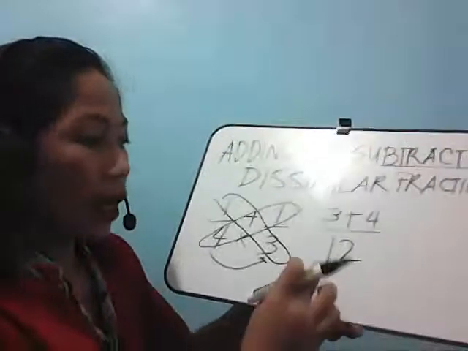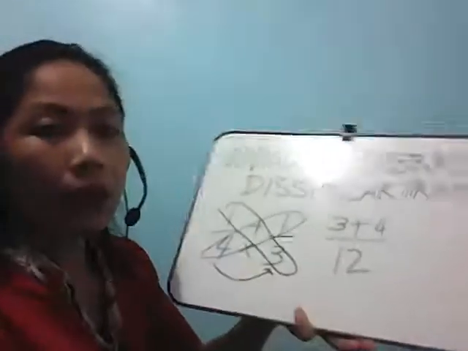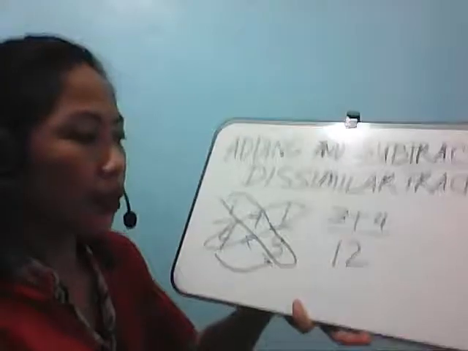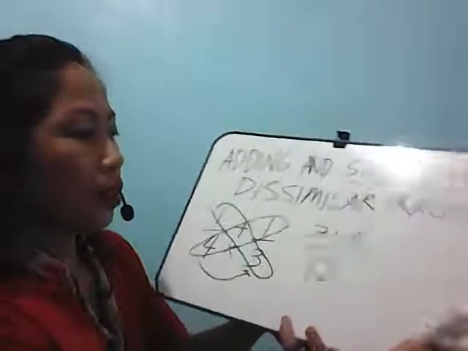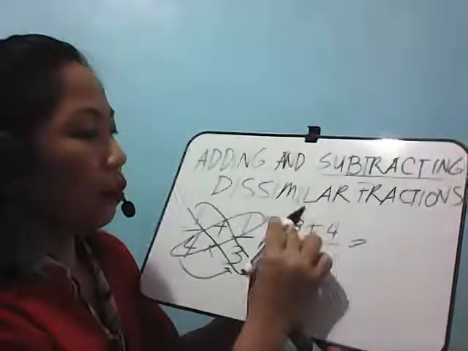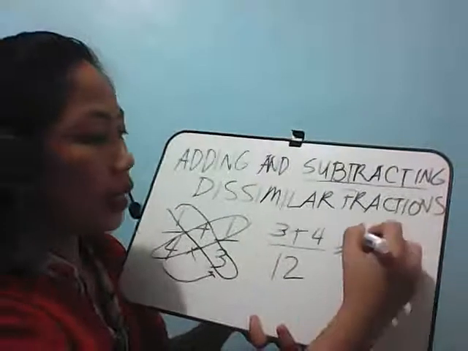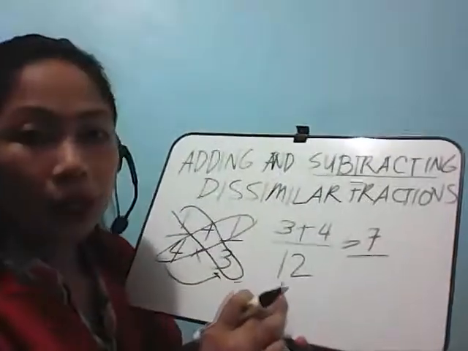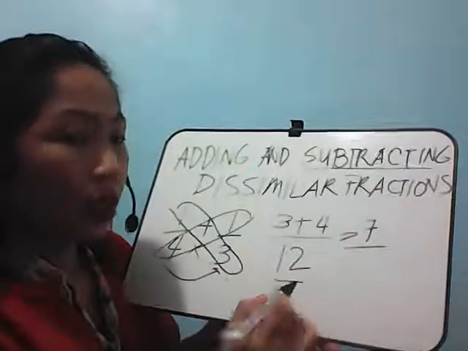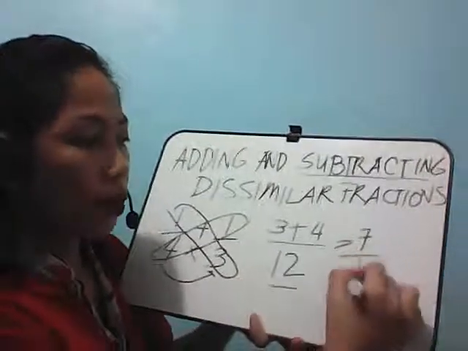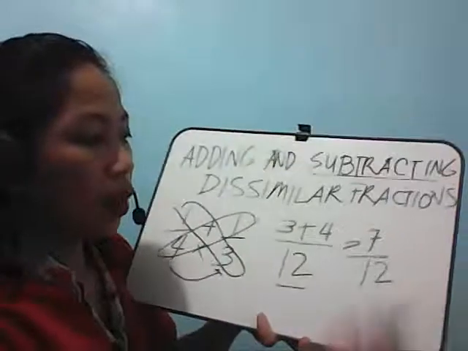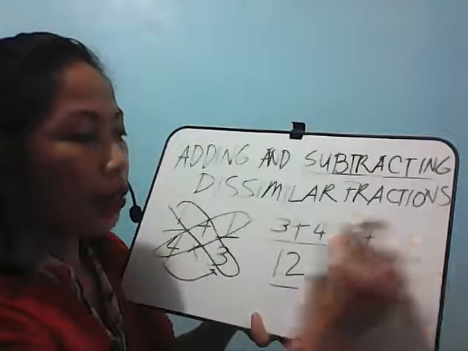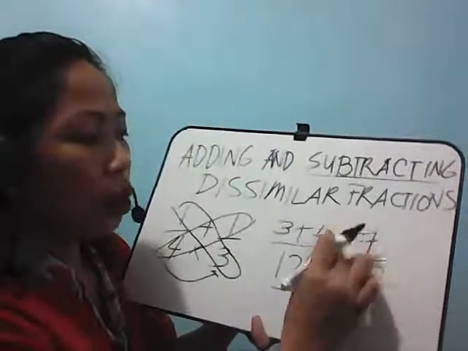Now, since we have our common denominator, which is 12, let us add. 3 plus 4 is 7, and then copy the denominator, which is 12. So our answer is 7 over 12.